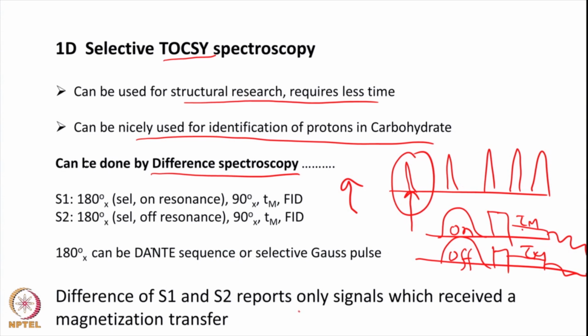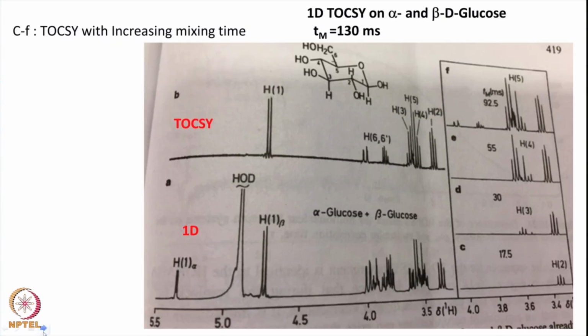This reports only where magnetization transfer has happened, because here we have inverted and then mixed. The difference tells you the connected protons.